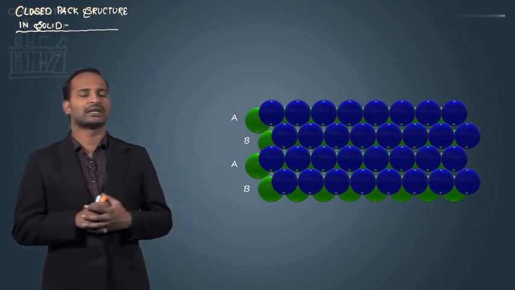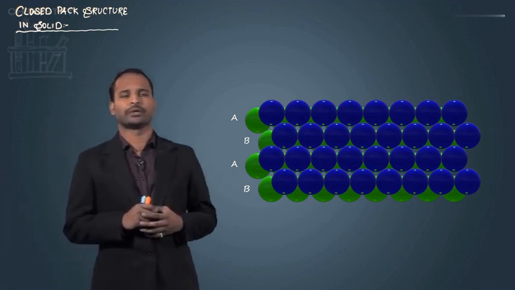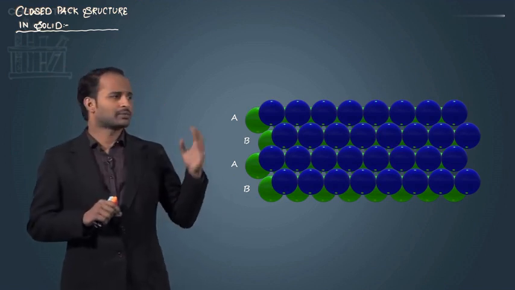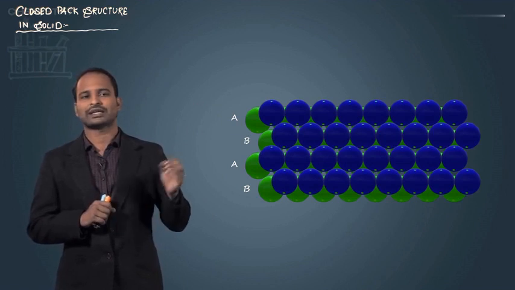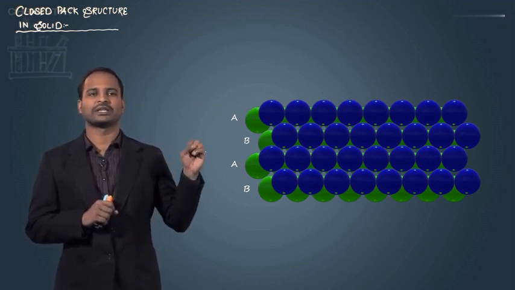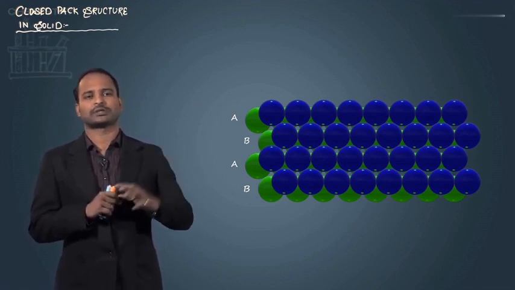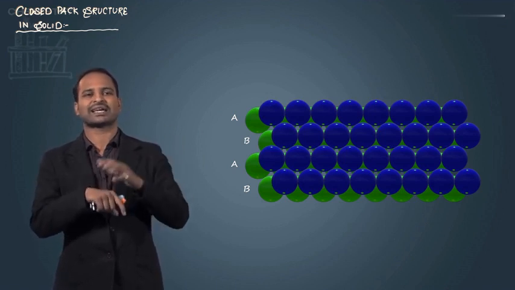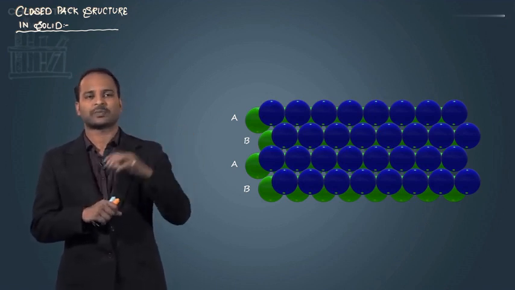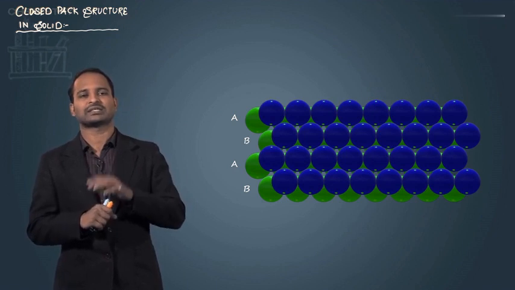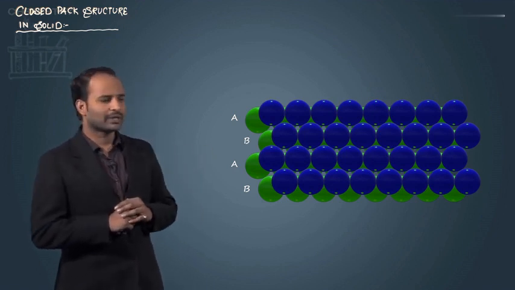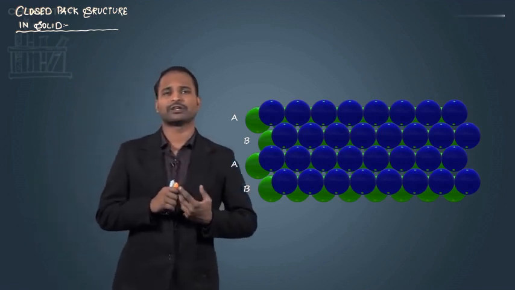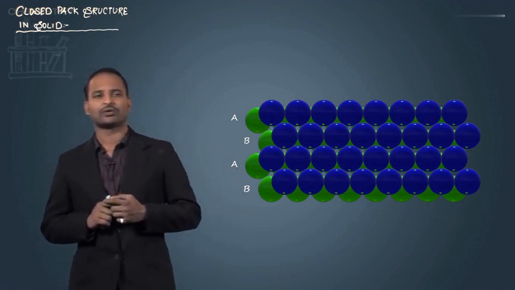I'm keeping the second layer on void B. Now you can see that the second layer has been arranged, and due to it the void B has been covered up, because the second layer is placed exactly by considering B as a center. After keeping the second layer, we again get two different types of void in the second layer also.